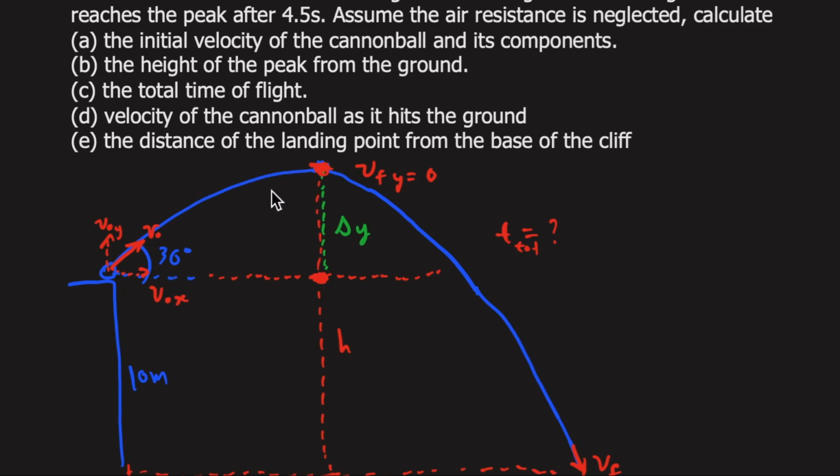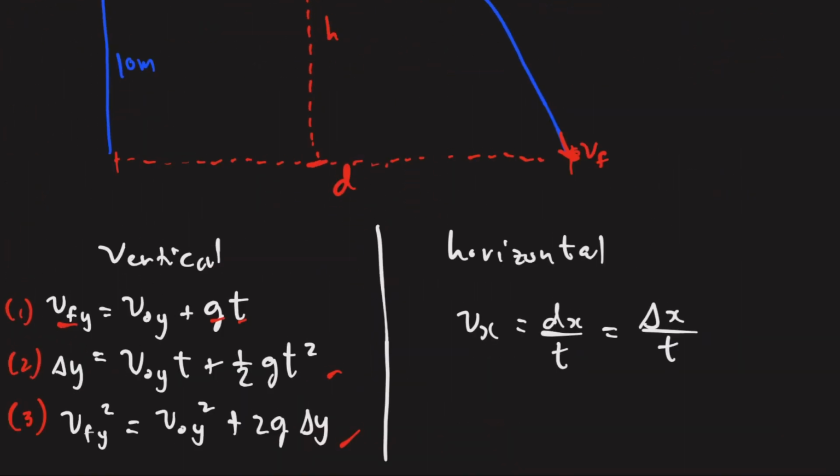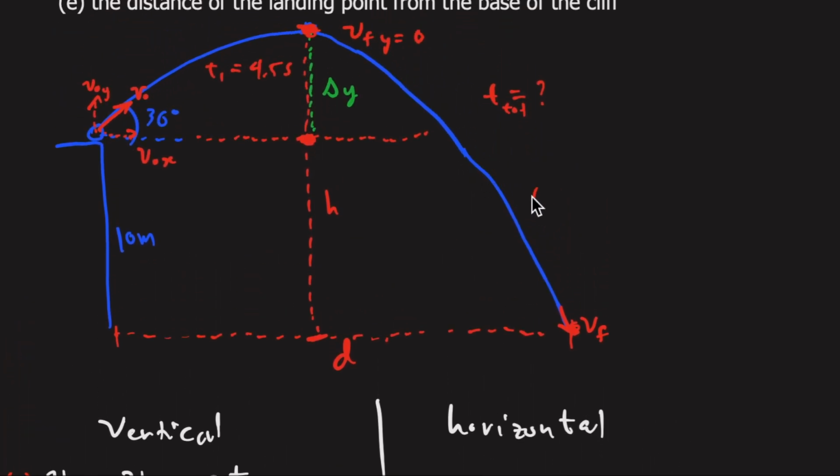So that's the first time: time 1 is equal to 4.5 seconds. Our second time, that we have to look for, is the time for the cannonball to fall from this peak going to this point, which is the ground. So this time is t2.